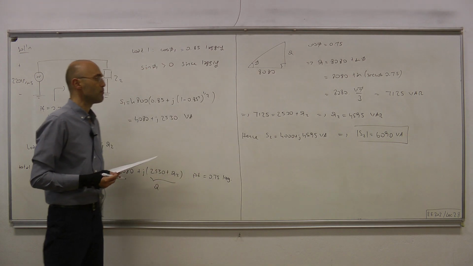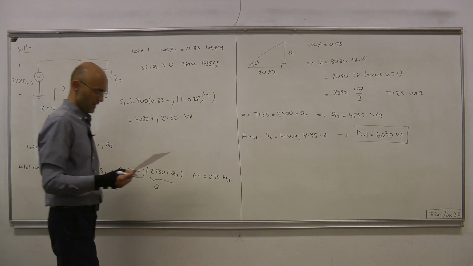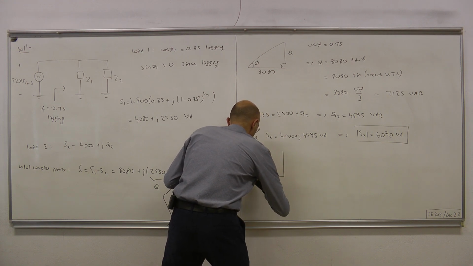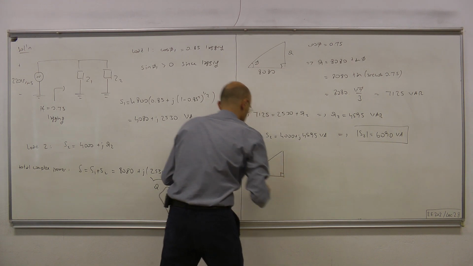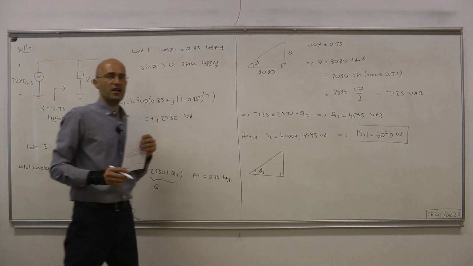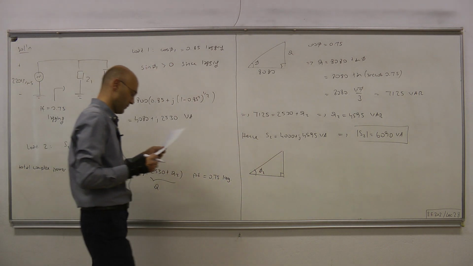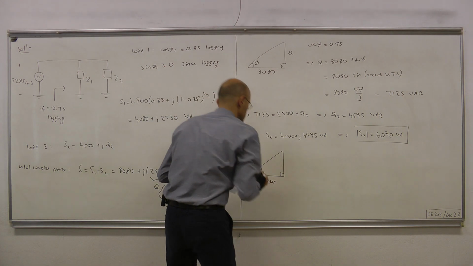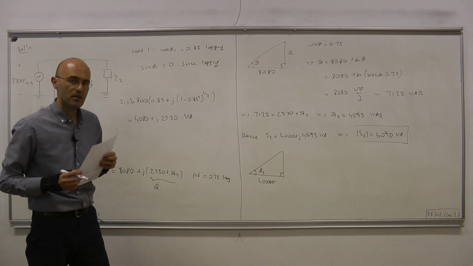As for the power factor of the second load, since we have the triangle, we can easily compute the cosine of the phase of the second load, phi 2. This side is 4000 watts, representing the real power.